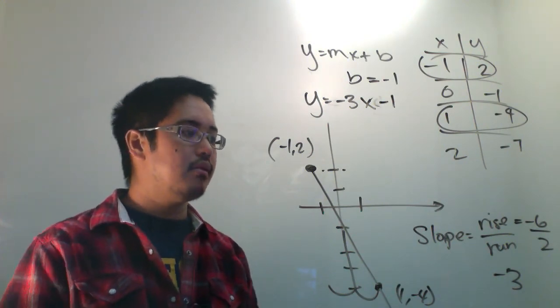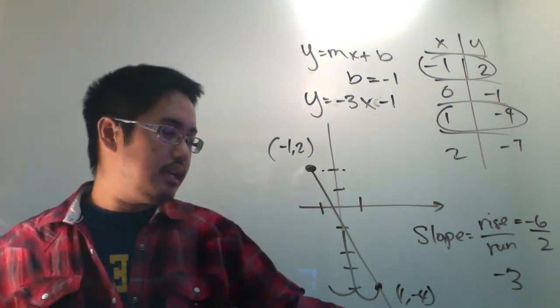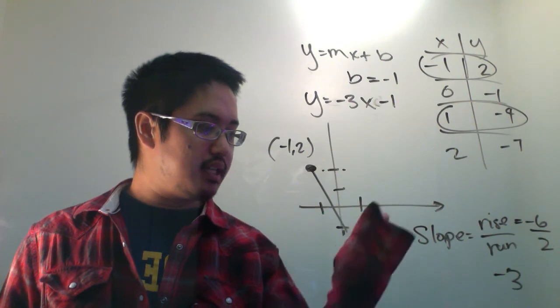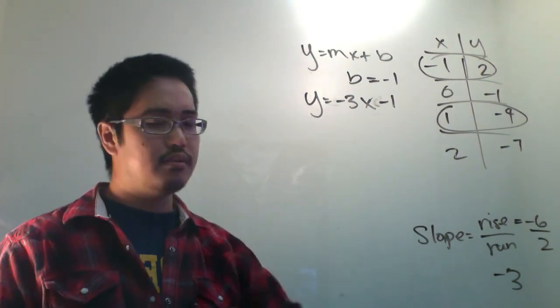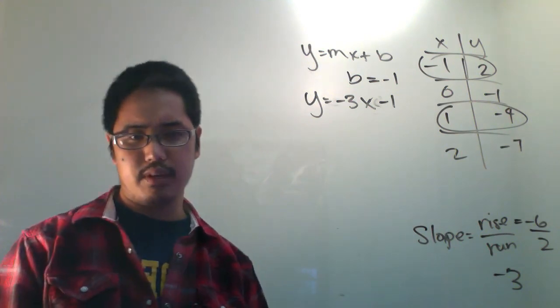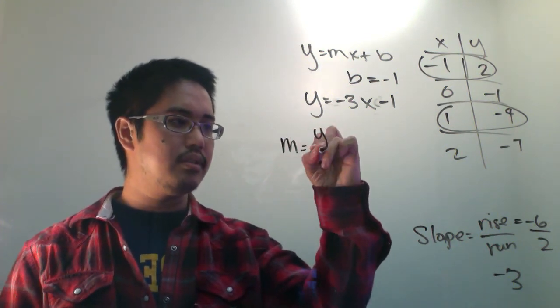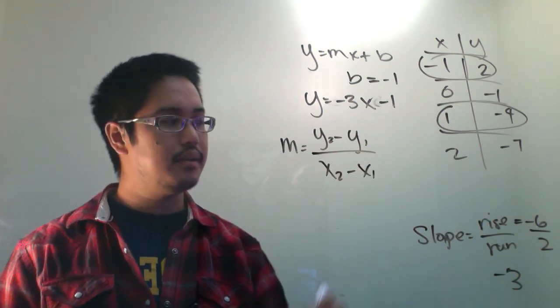All right, now technically you didn't have to graph it. This idea of slope equals rise over run is really nice and all, but there is an equation that you could use. I'm not a big fan of memorizing equations, but if you wanted to, you could plug it into this equation: m equals y2 minus y1 over x2 minus x1.